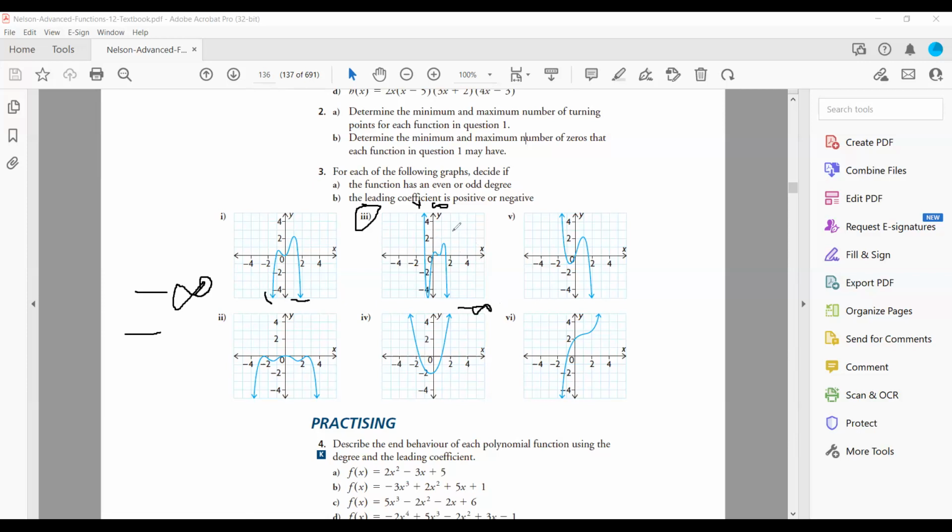Whether it's positive or negative, let's take a look. When x takes negative values, y travels to positive infinity, and the other way around. When x takes positive values, y travels to negative infinity, which makes me think that the leading coefficient should be negative. Am I right?